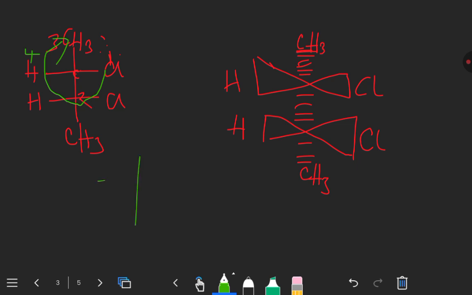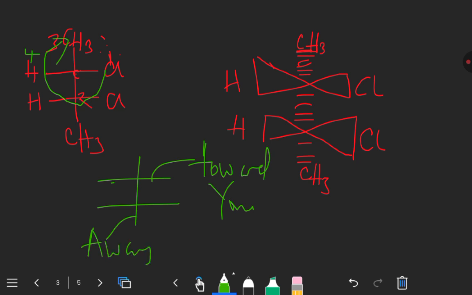In a Fischer projection, the horizontal lines point towards you as an observer, and the vertical lines point away from you as an observer. That is one thing we must appreciate there.